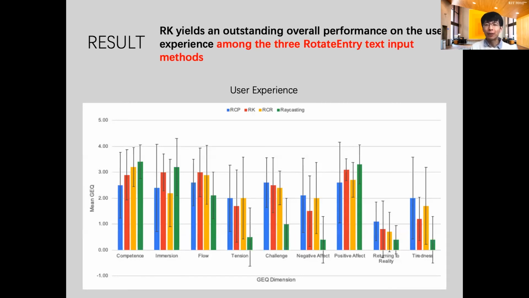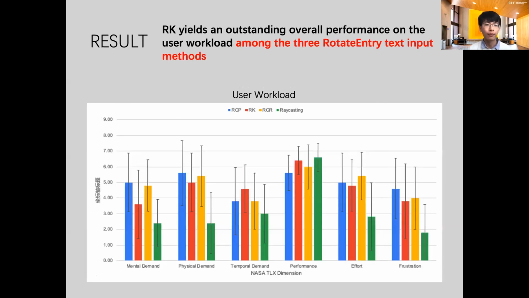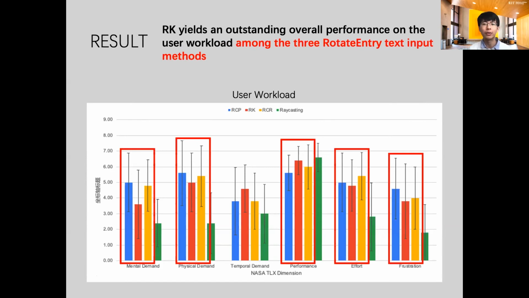Among the 3 RotateEntry text input methods, rotate key had an outstanding overall performance on the user experience. As you can see, the second pillar in the figure shows the scores of the rotate key. We can easily identify these patterns on most of the dimensions on the user experience scale. Also, on the user workload result, the rotate key had an outstanding performance compared to the other two RotateEntry interaction methods.